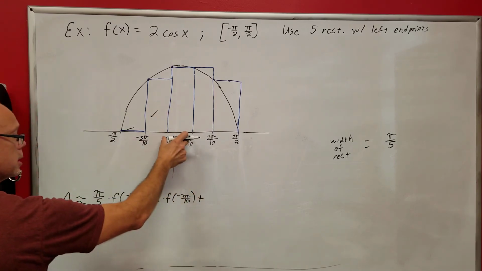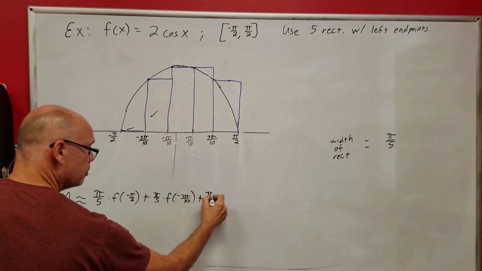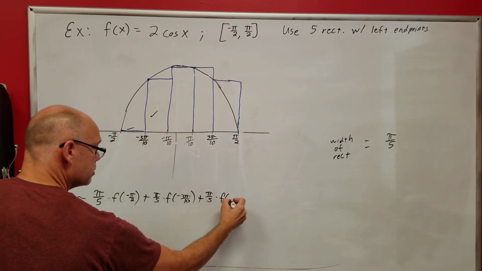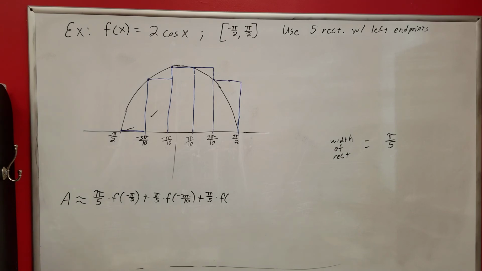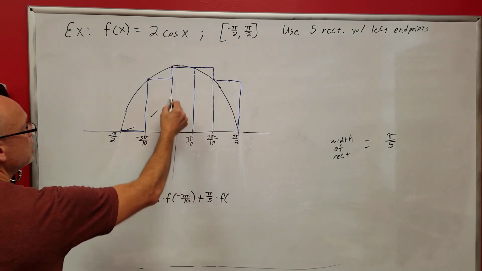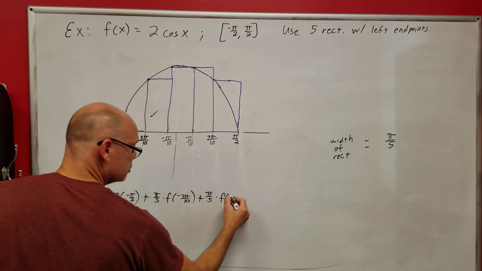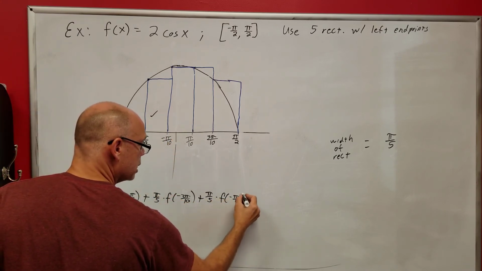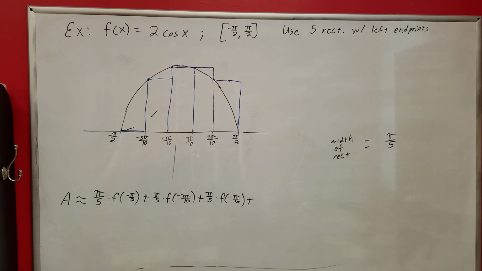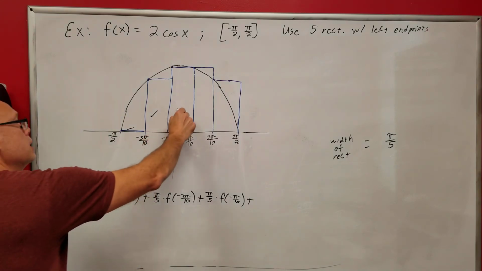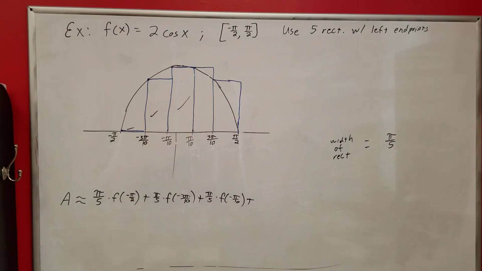Plus, my next rectangle, the width again is the width of all of them, pi over 5, times the height of my rectangle. What's the height of this rectangle here? It's right here. F evaluated at negative pi over 10. So that takes care of the center rectangle, right? How about this rectangle?